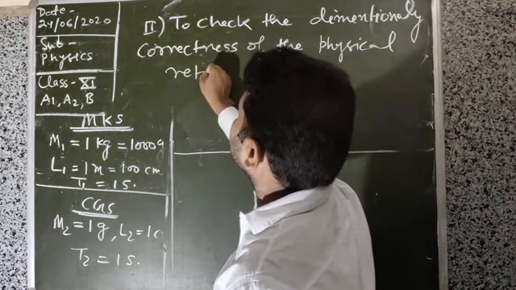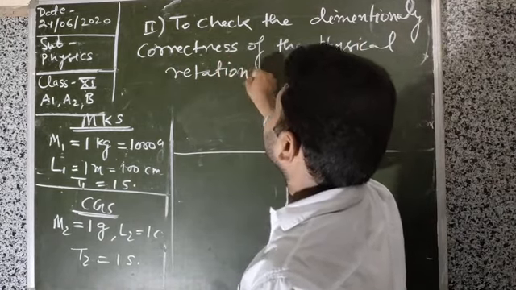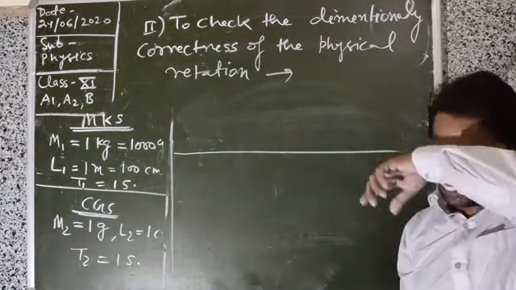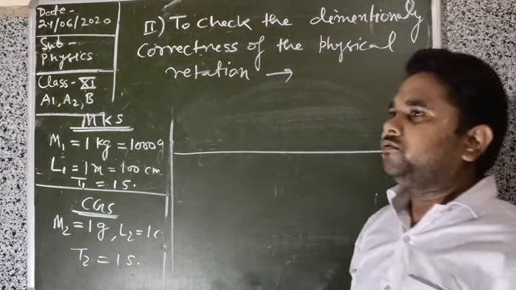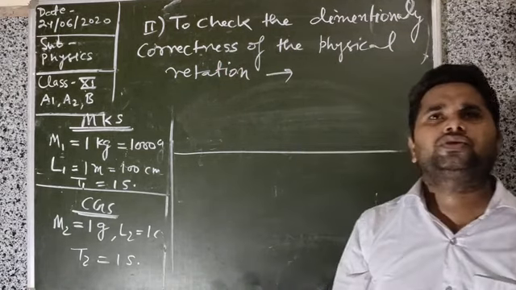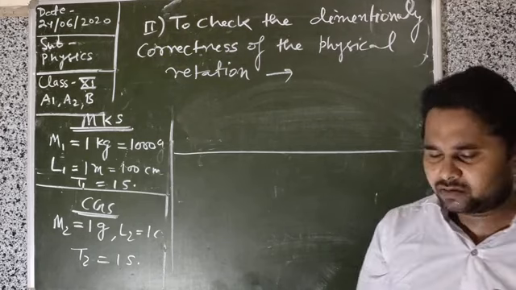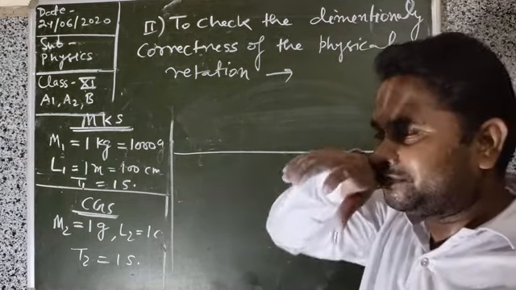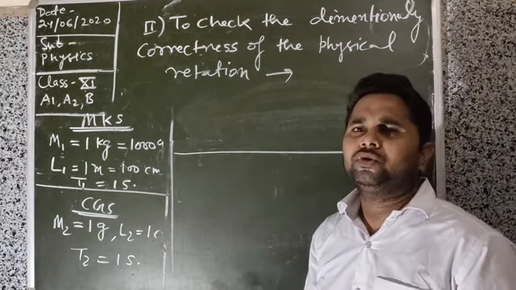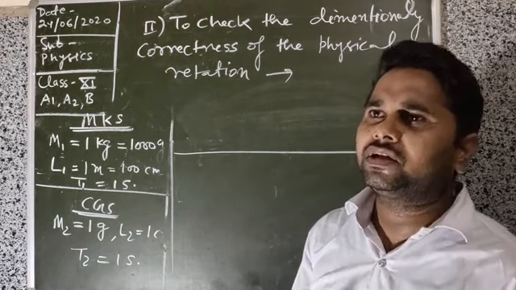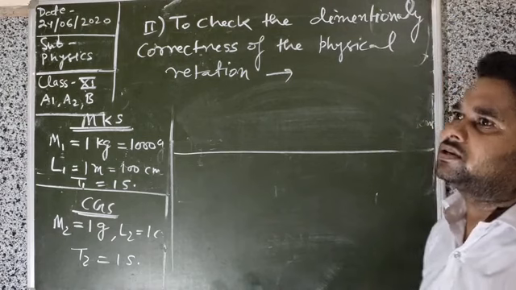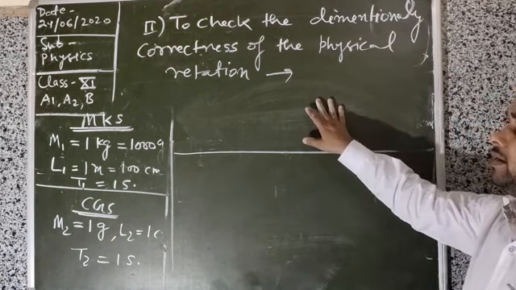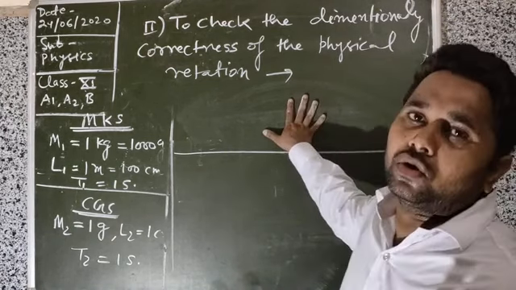Physical relation means any formula in physics, suppose the first equation of motion, second equation of motion, relation for the centripetal force, relation for the acceleration, or whatever different physical relations you have. So for that physical relation you can check whether it is dimensionally correct or not.